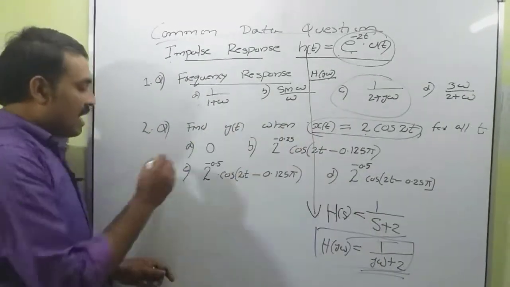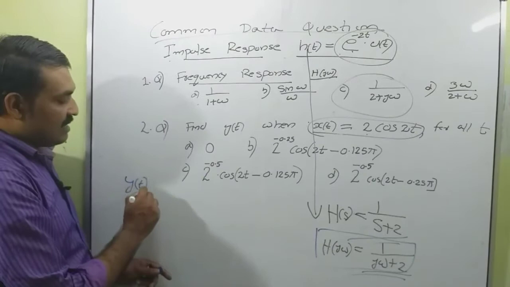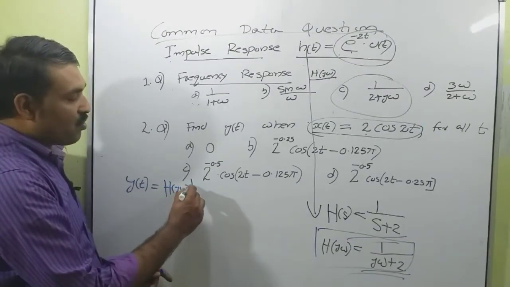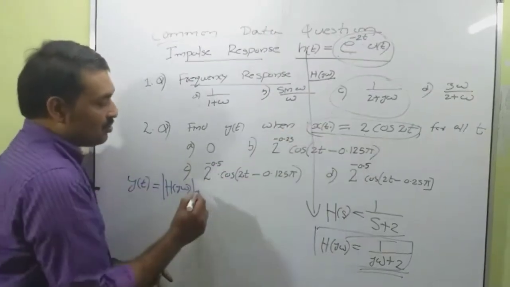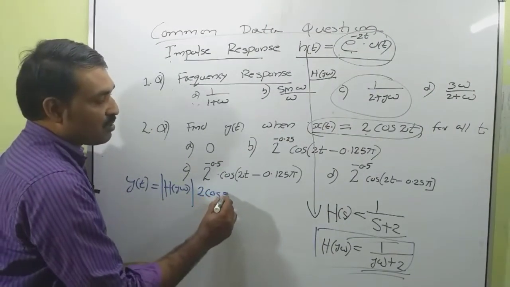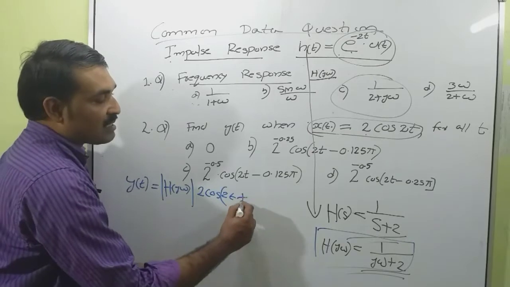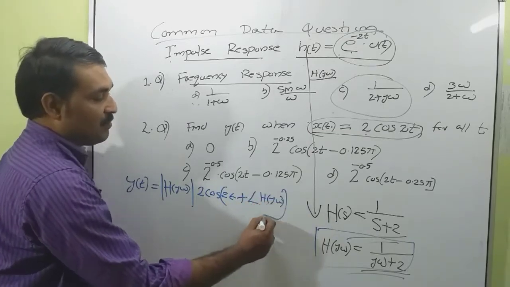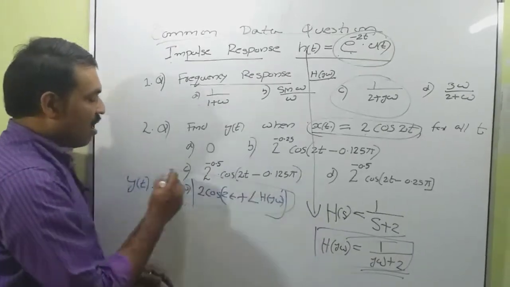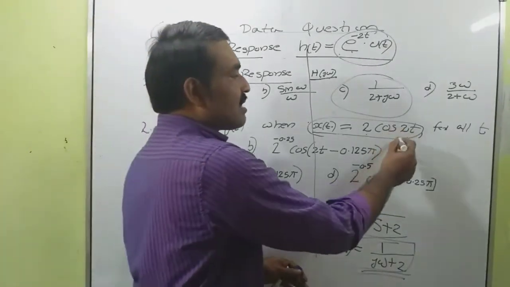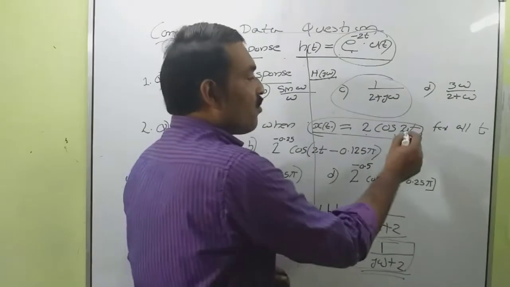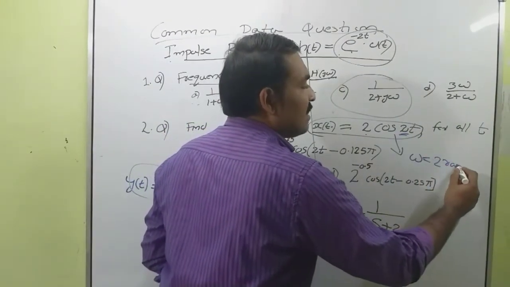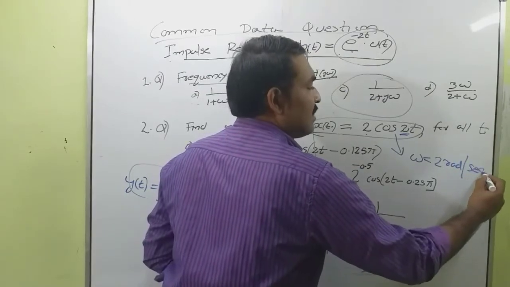Okay, so I can write y of t is equal to magnitude of h of j omega into 2 cos 2t, that's the input, plus angle of h of j omega. So this is our output. So comparing with the standard equation, we have omega is equal to 2 radian per second.